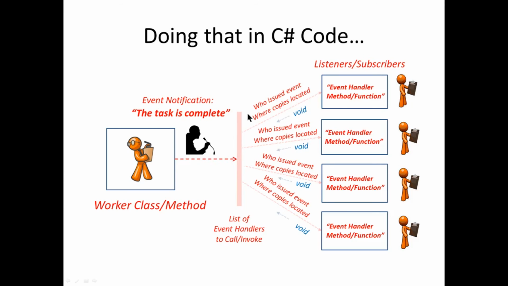So he can issue not just an event notification, but who issued the event, which was this guy, and where the copies are located. All right, so you can feed this function more information other than just that the event occurred. You can say who issued it and where to get that copy. And then each event handler can handle that information as they need to.